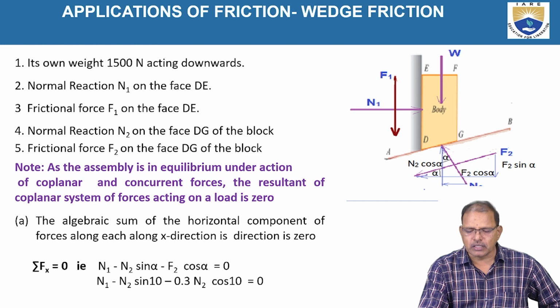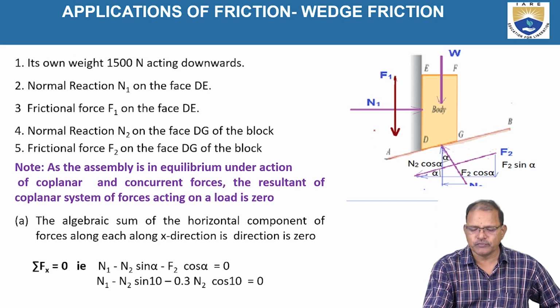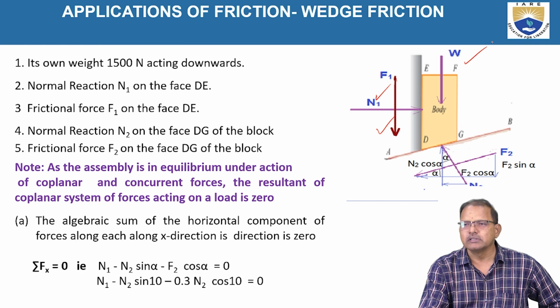But at the same time, it is also rising against the vertical wall. The frictional force between the vertical wall and the block, because the body is moving in the upward direction, acts in the downward direction. There is a normal reaction, and the weight acts in the downward direction.